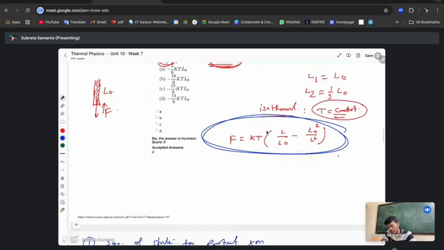Now to calculate the work done, it's dW, basically F dx. The P dV is just replaced by F dx. P is replaced by force, sorry, tension, and dV is replaced by dx. So again, you have to find dW for changing the length L1 to L2.